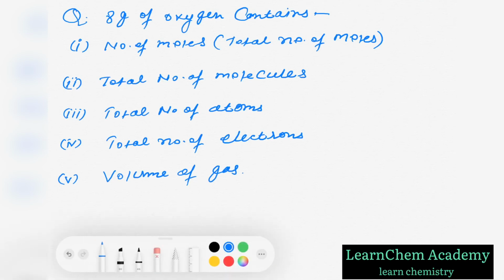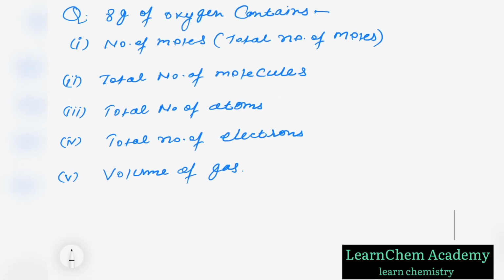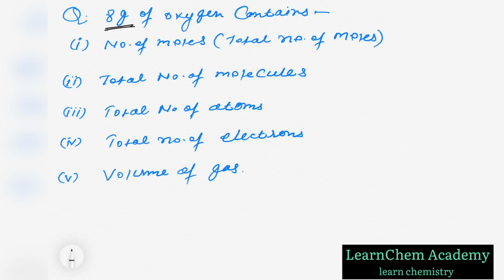So we can solve this question. So any question based on mole, we have to calculate very first number of moles by the given data. So here we have 8 gram of oxygen. Okay, so oxygen we have to use O2 in natural gases.